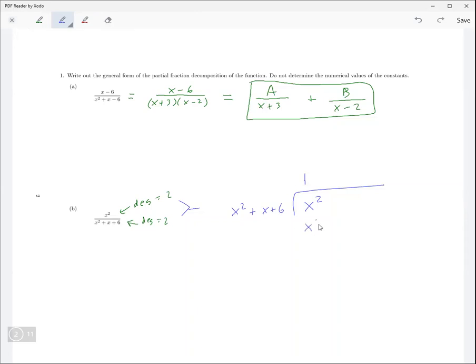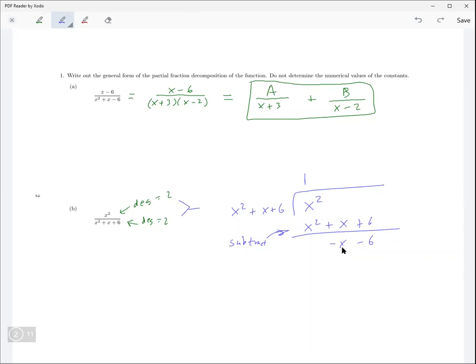So then you multiply that out. 1 times x squared is x squared. 1 times x is x. 1 times 6 is 6. But then you have to remember to subtract. Subtract this one, so you get negative x minus 6, because x squared minus x squared is 0.